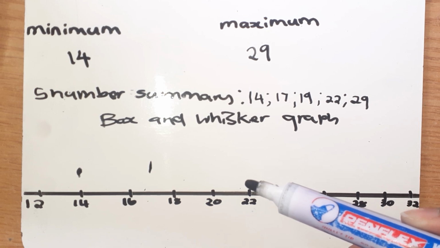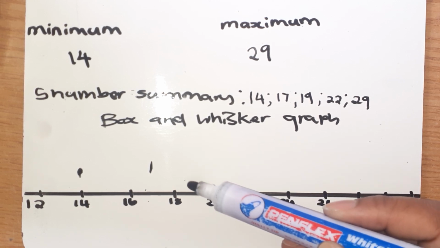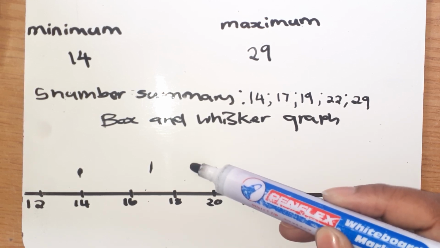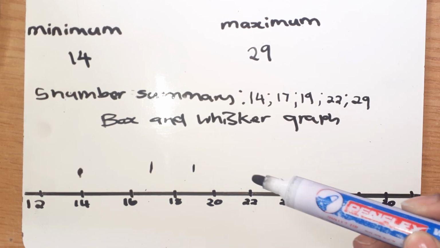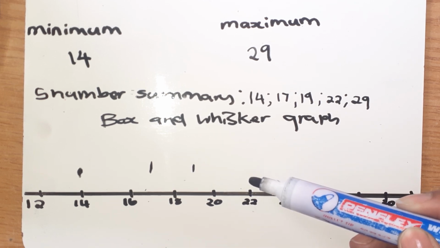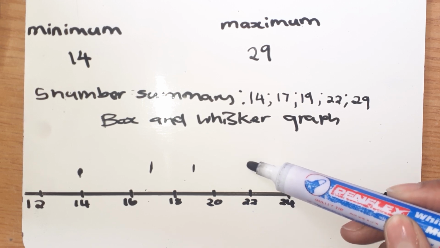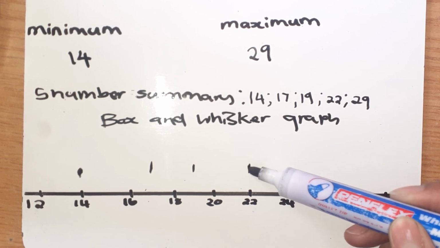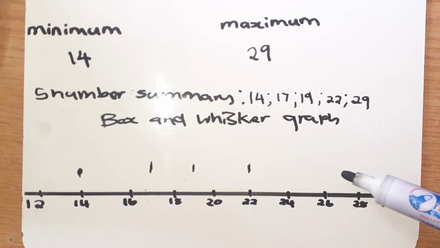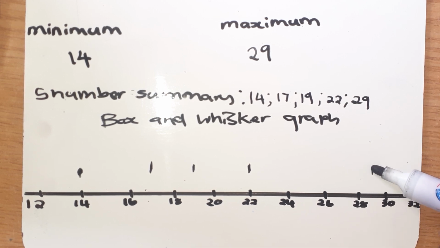And then we have the median as 19, between 18 and 20. And the upper quartile is 22, so that will be here. And then we have the maximum as 29, somewhere here.